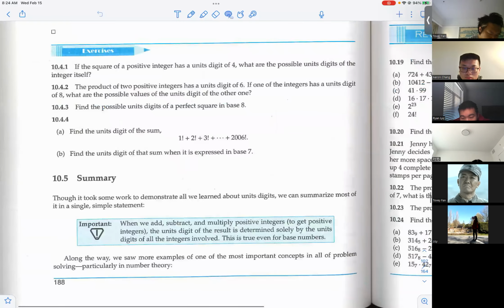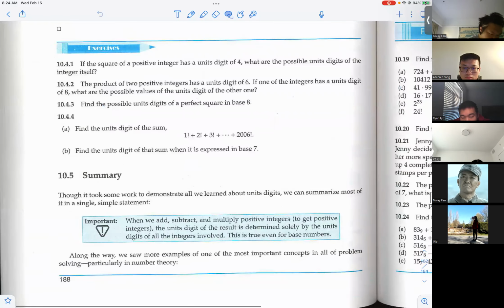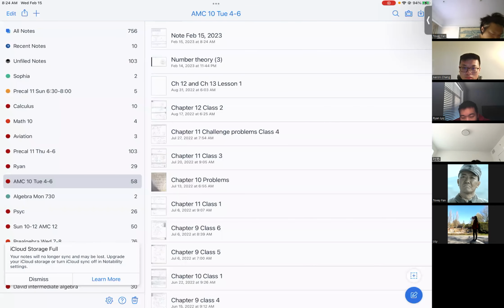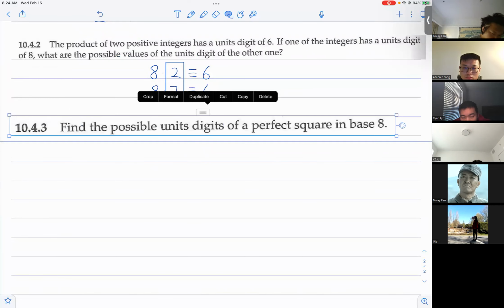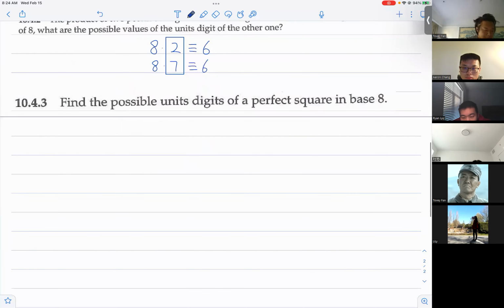All right, and then next question. Okay, so Ryan. Possible unit digit of a perfect square in base 8.